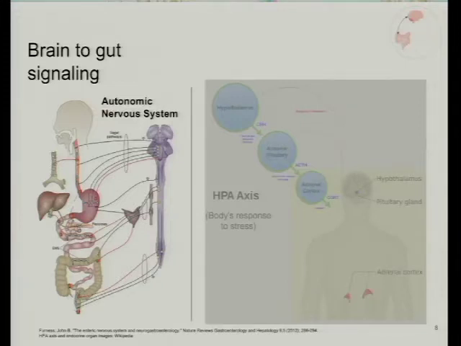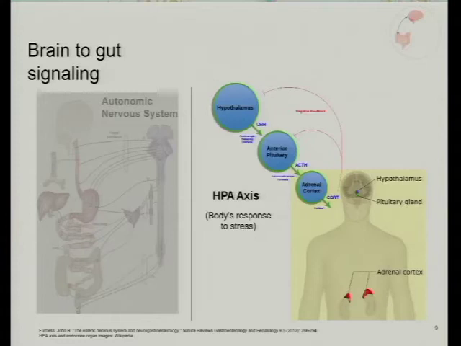Even within the autonomic nervous system, there are two pieces: the sympathetic nervous system and the parasympathetic nervous system. The sympathetic nervous system is related to what is known as the fight or flight response, where if you're stressed, your body will react in that way. Additionally, there's the parasympathetic nervous system, which is associated with the rest and digest response. So your organs will do different things in these different states.